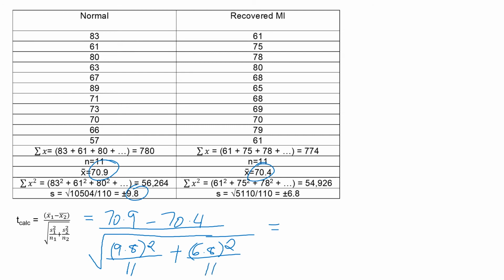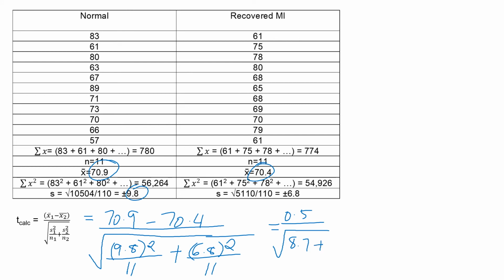What I would suggest is to first calculate the top part. So 70.9 minus 70.4 is 0.5. Then, for the square root, first calculate 9.8 squared, take that value, and divide it by 11, which should give me 8.7.